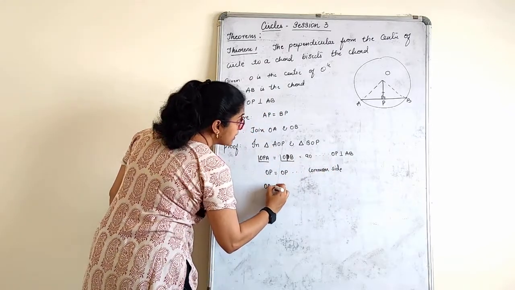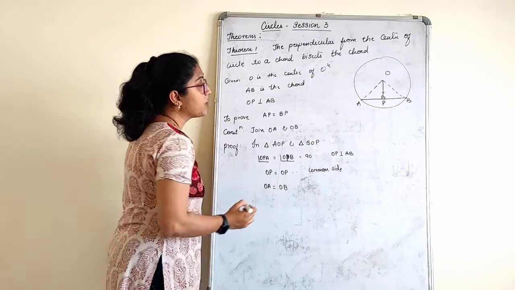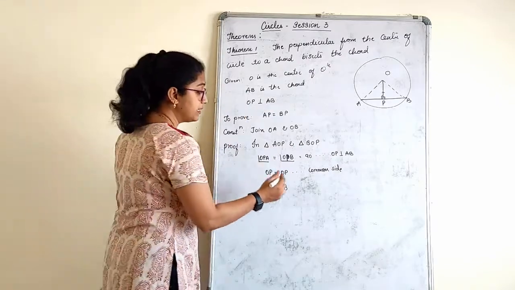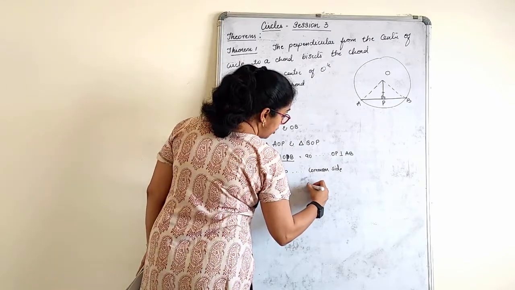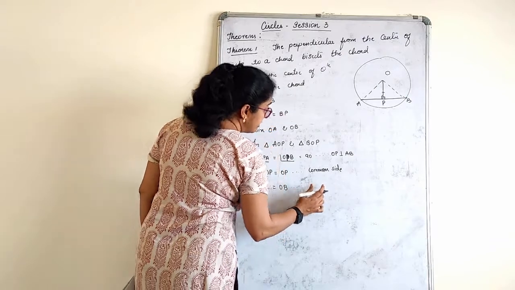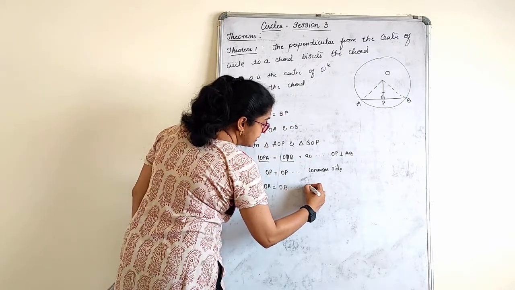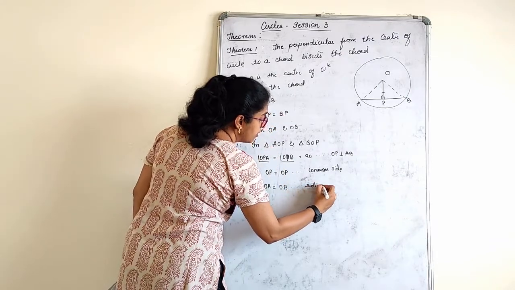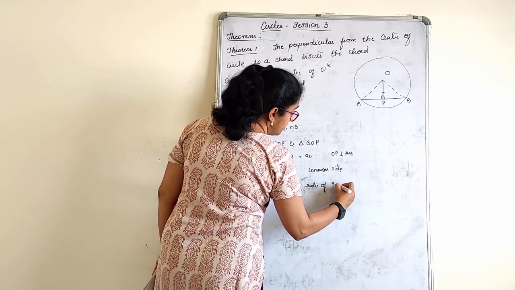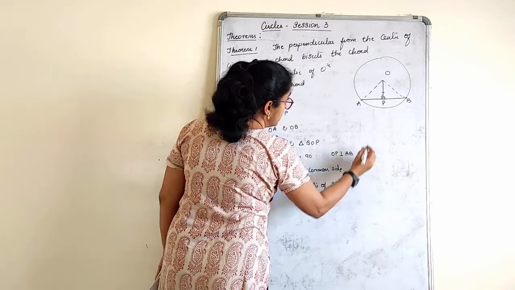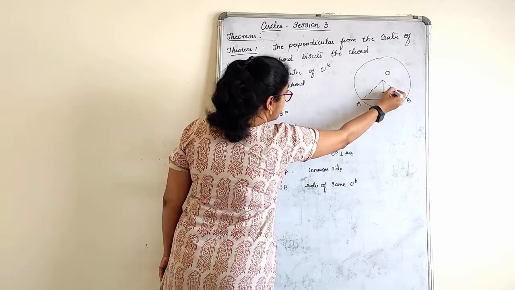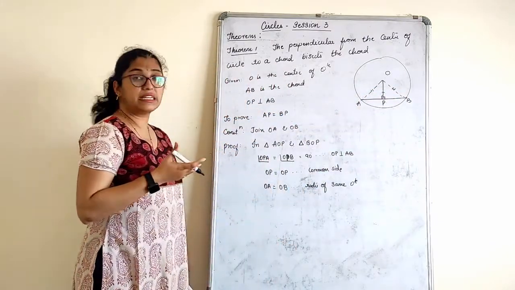OA is equal to OB. Why OA is equal to OB? These are nothing but, oh no, sorry, radii, not common radii. Radii of same circle. But now this side is equal. So we have two different sides and an angle.